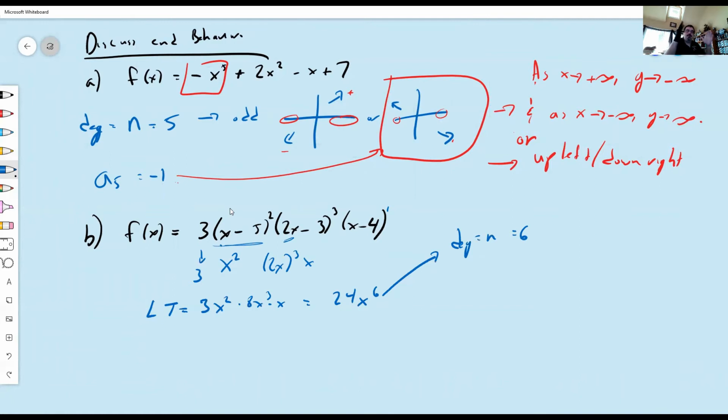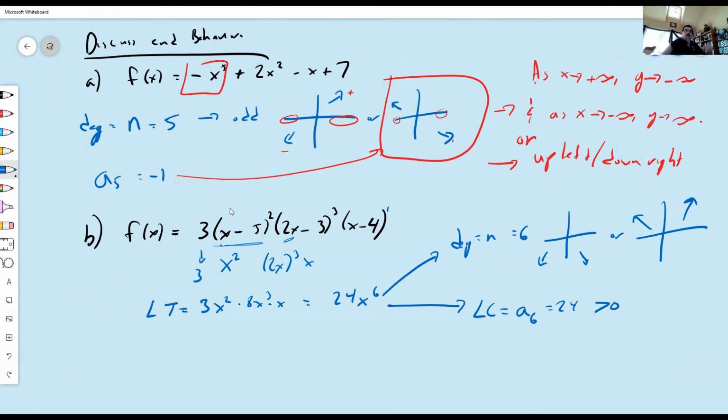That's even. Even means both up or both down. So you're looking at that. Lead coefficient, in our case, a6 equals 24, which is greater than 0, which means positive stays positive. So we want this.